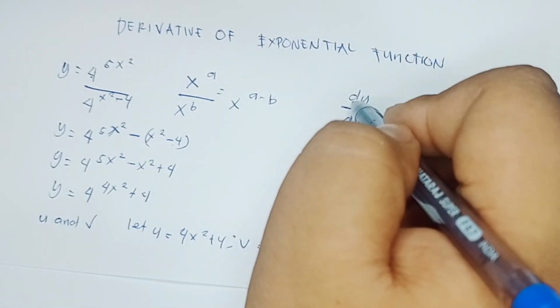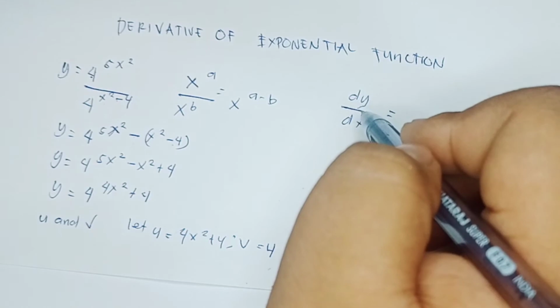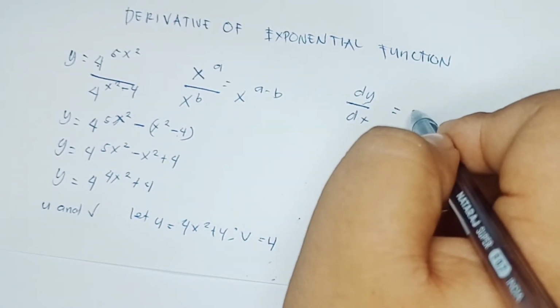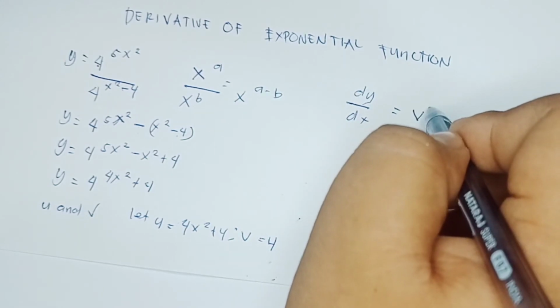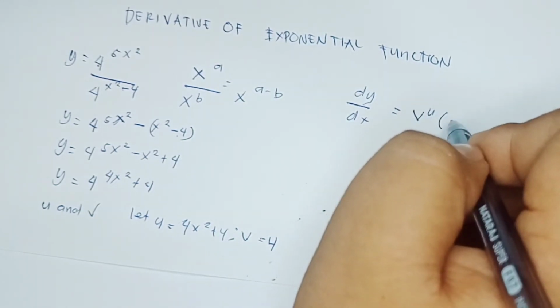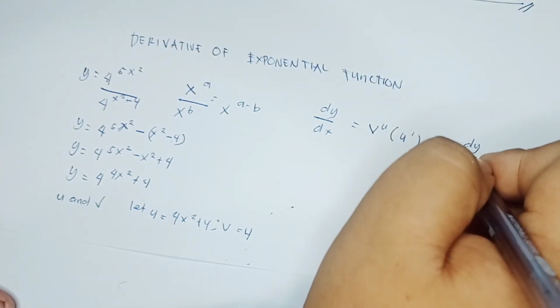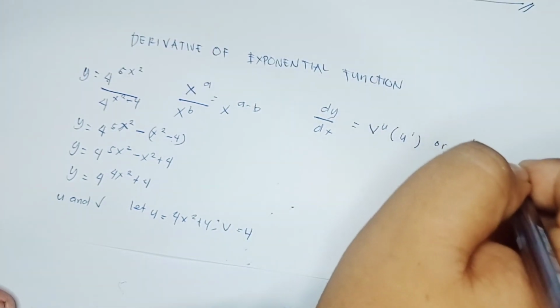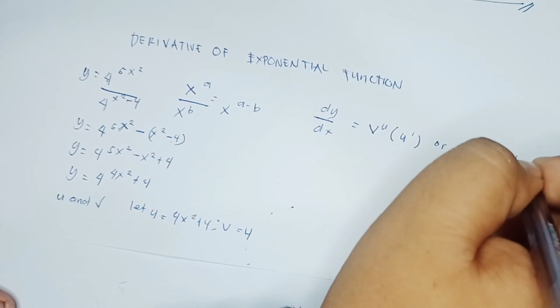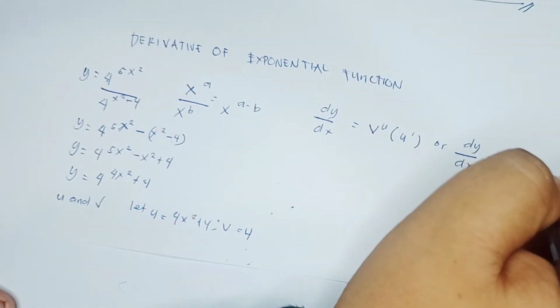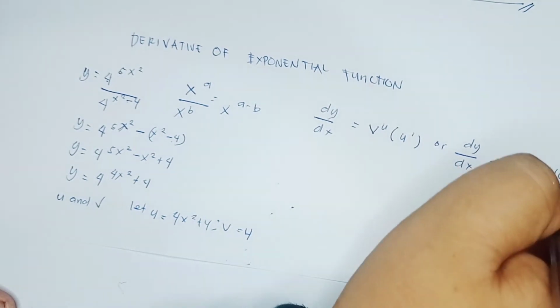To find the derivative of it, we need to use the formula. The derivative of y with respect to x is equal to v raised to u times u prime, or the derivative of y with respect to x is equal to the derivative of y with respect to u times the derivative of u with respect to x.